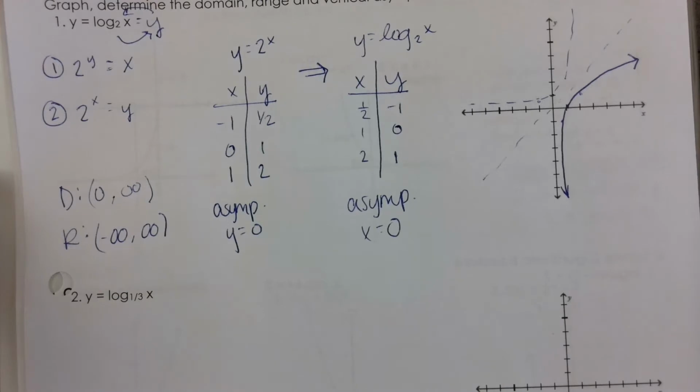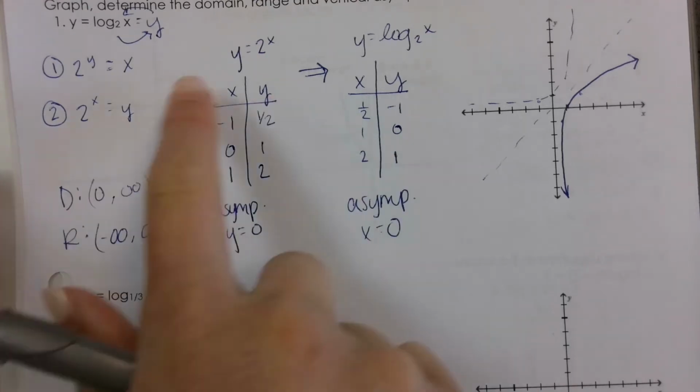And then it goes to where? Infinity. And what about our range there? Negative infinity to infinity, or you can just put all reals, however you want to do it, it's fine. And that's it. Is that okay?